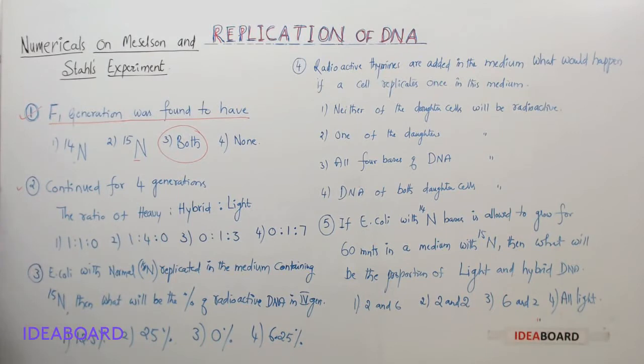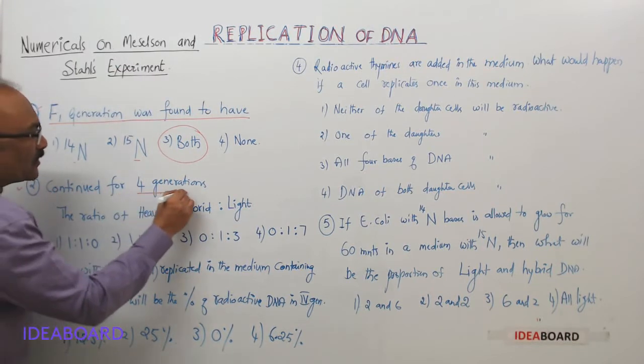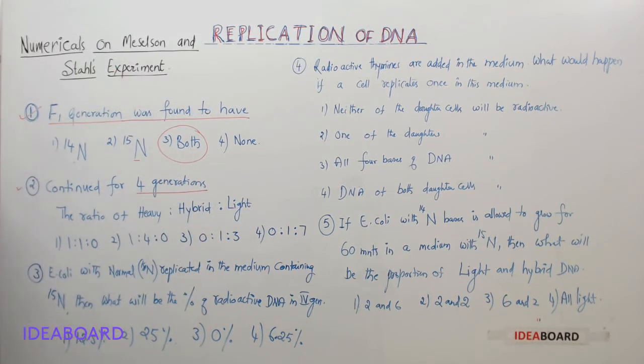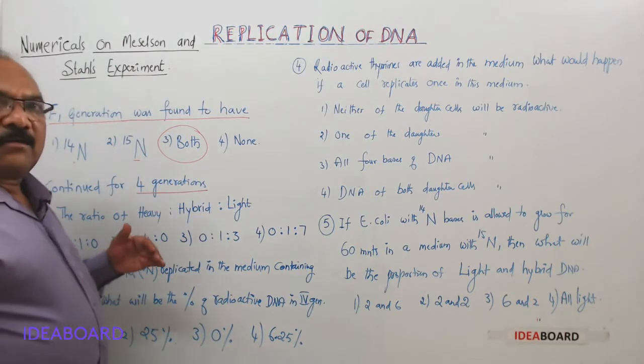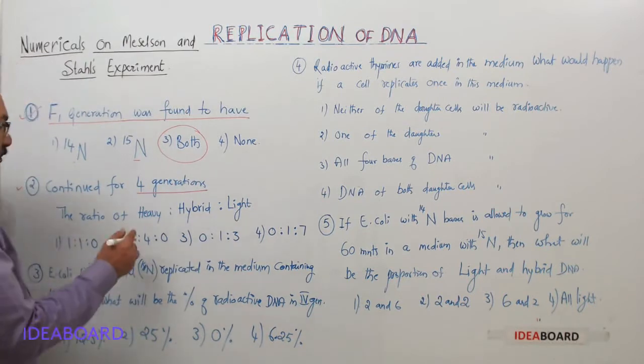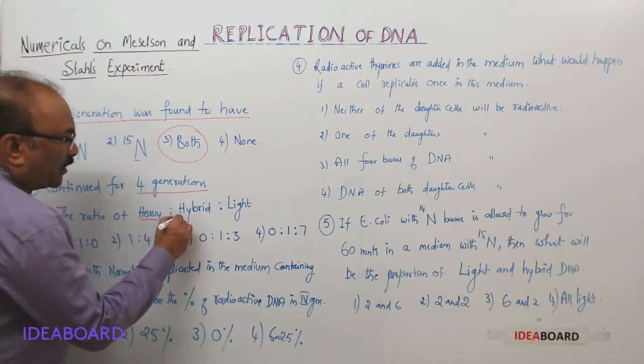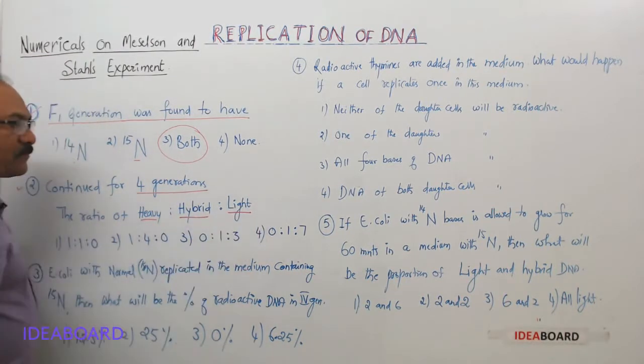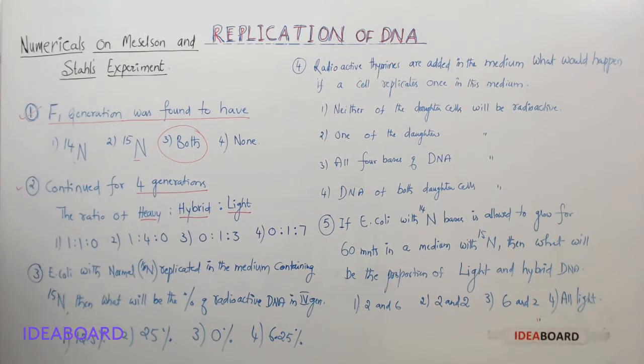And let us see the second problem. Suppose this Meselson and Stahl experiment is continued for 4 generations. Then what will be the ratio of heavy, hybrid, and light DNA?